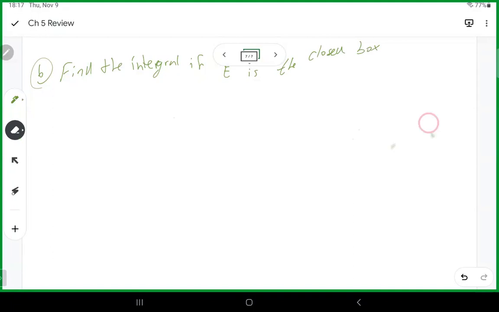And we're going to have 0 to 4 for the x, 0 to 1 for the y, and 0 to 1 for the z.